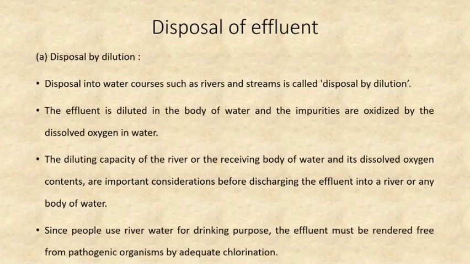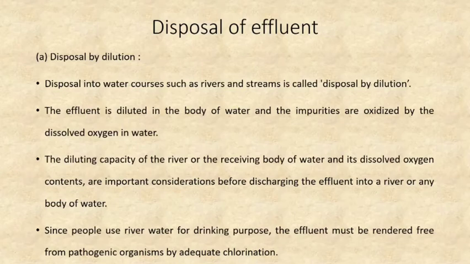The effluent is diluted in the body of water and the impurities are oxidized by the dissolved oxygen in water. So the diluting capacity of the river or receiving body of water and its dissolved oxygen content are the important considerations before discharging the effluent into the river.